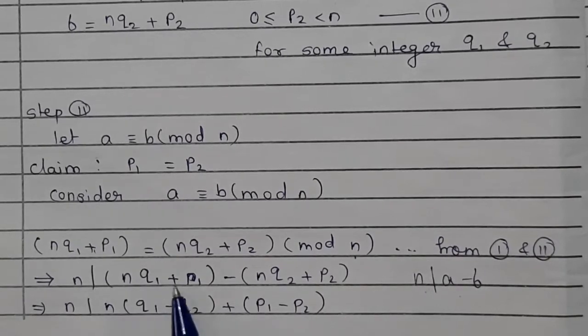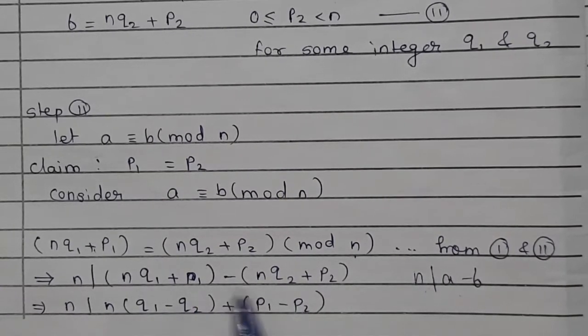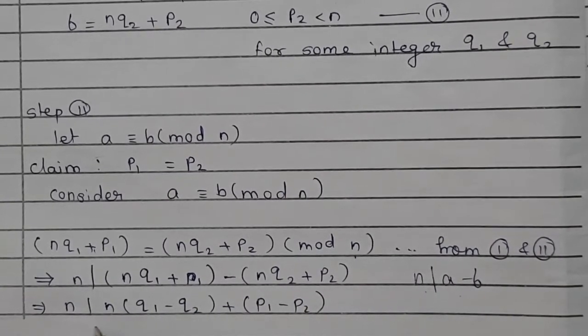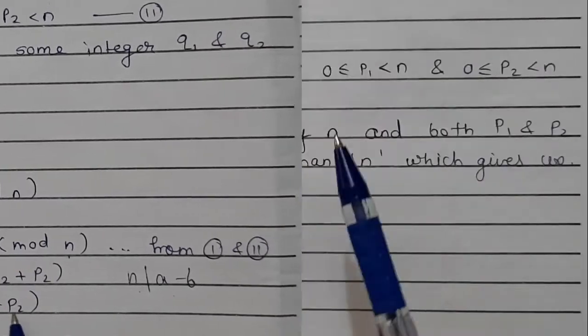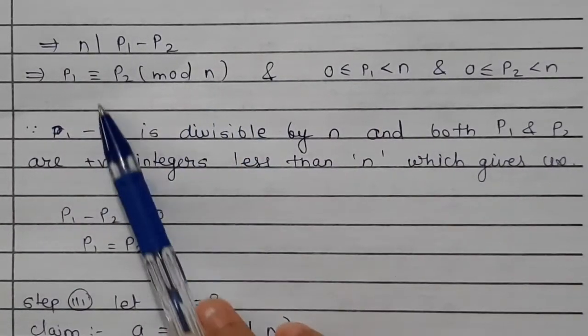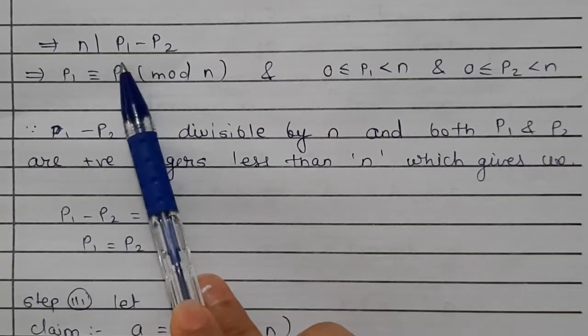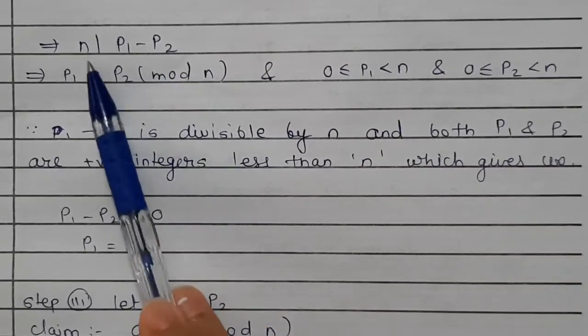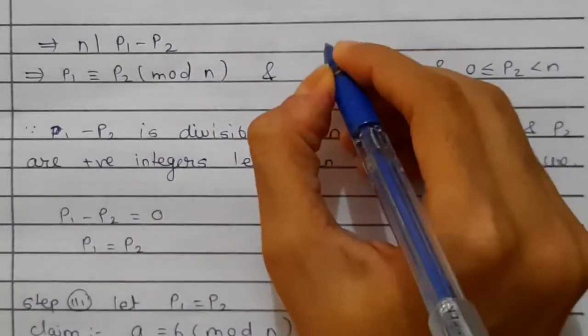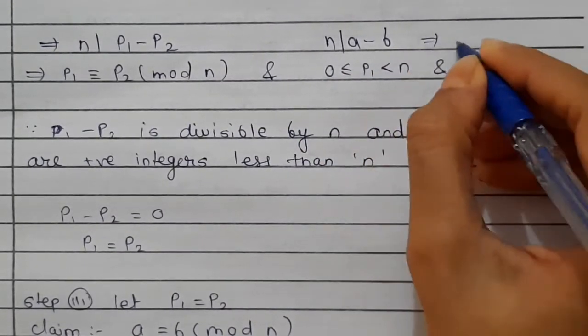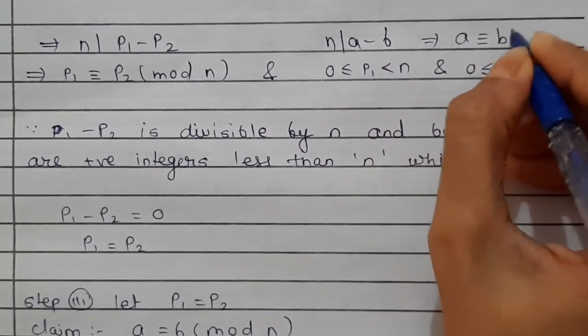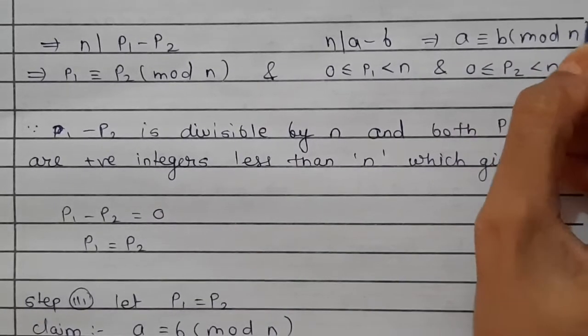Now we put the n terms in one bracket and the other terms in a second bracket, so we write n divides n(q1 minus q2) plus p1 minus p2. So here we get n divides p1 minus p2, and this is in the form n divides a minus b, which we can write as a is congruent to b mod n.